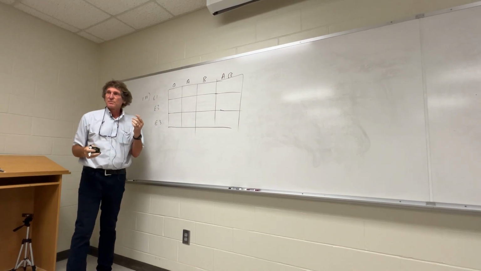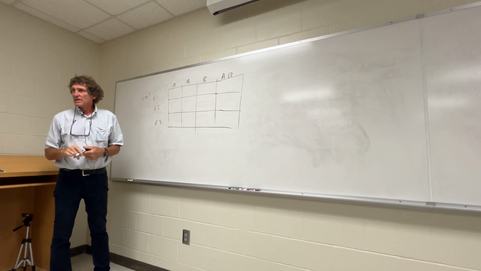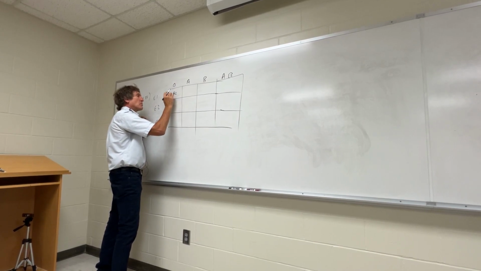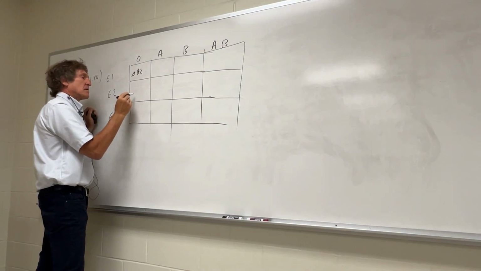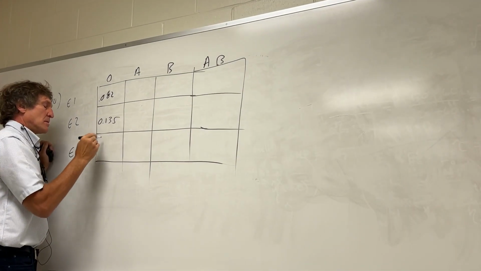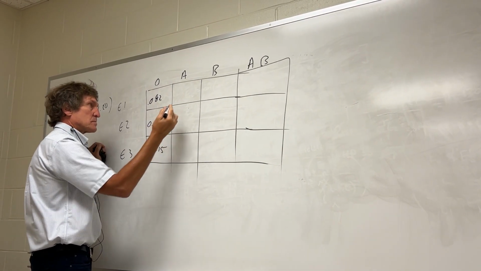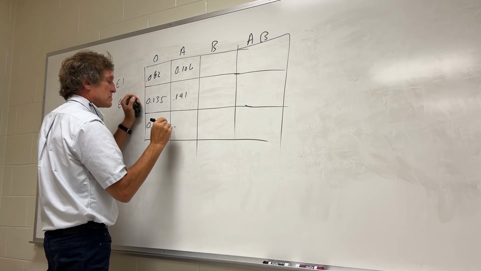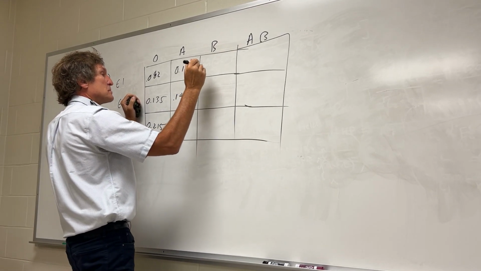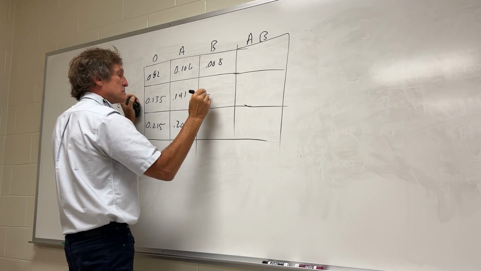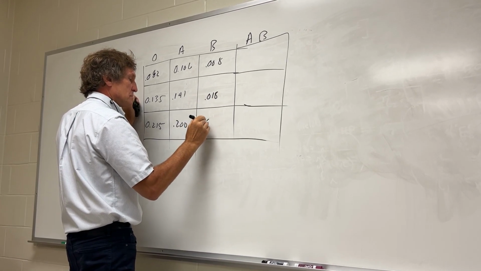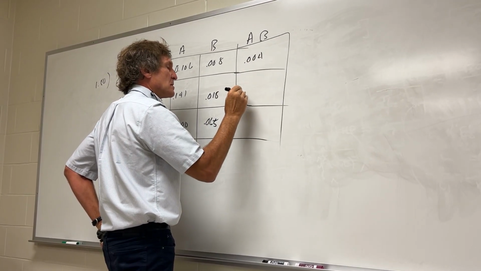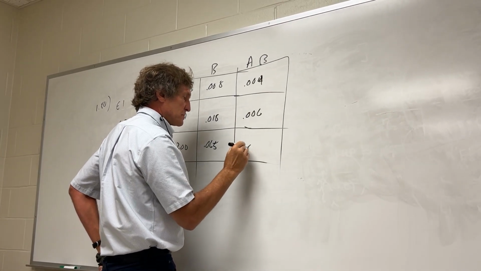And then it gives the distribution, the probability, or the percentage of the people that have these different blood types. 0.082, 0.135, 0.215, 0.106, 0.141, 0.200, 0.008, 0.018, 0.065, 0.004, 0.006, 0.02.